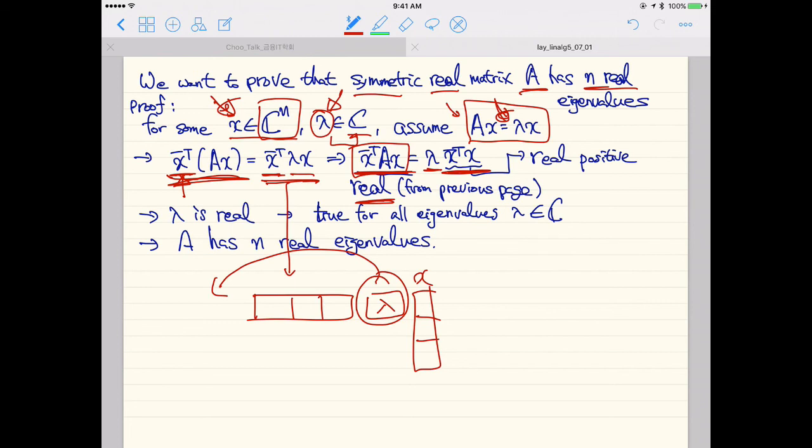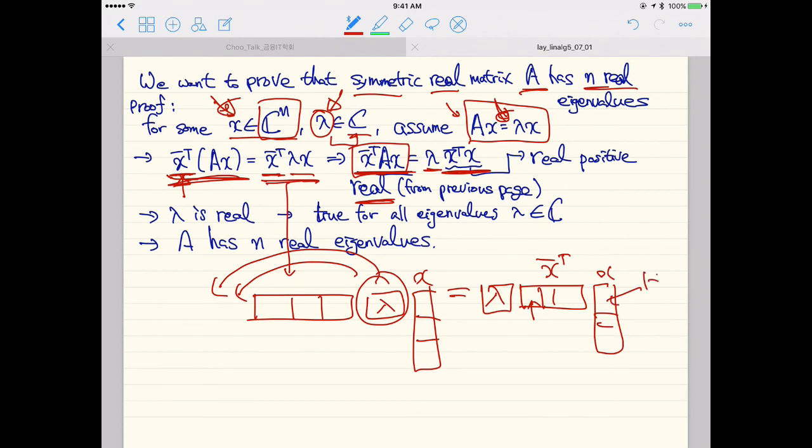For example, if this entry was 1 plus i, the other will be 1 minus i after conjugating, and then the resulting value will be real.